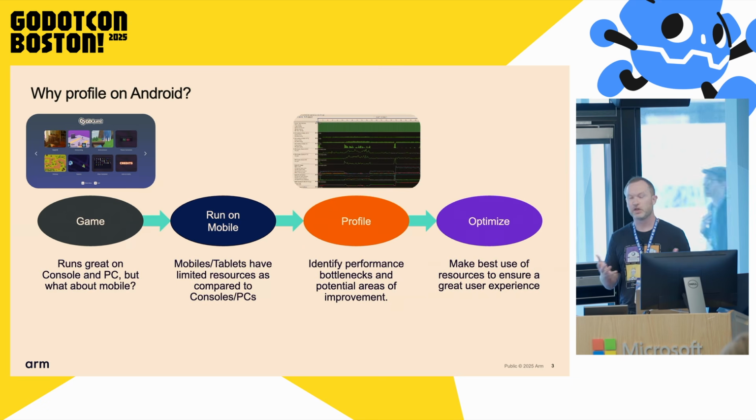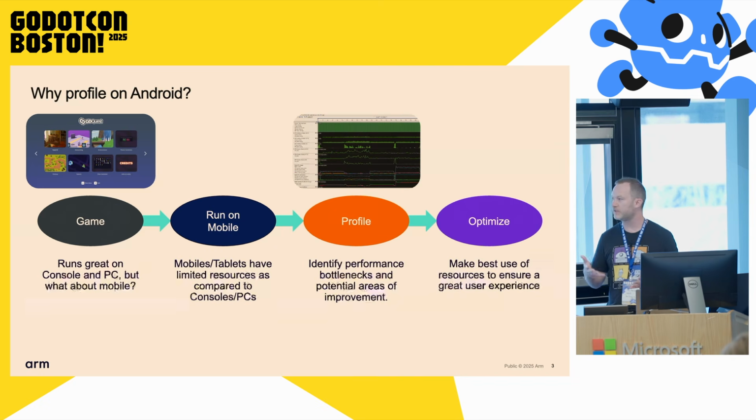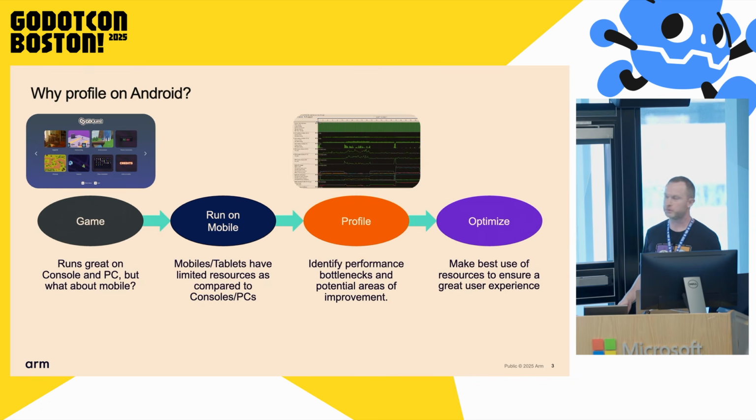So it's a challenge. Your game originally might have been running at the frame rate you wanted, maybe 30, 60 frames per second. You try it on mobile, suddenly it's different. The other aspect is usually your PC or your console might be x86 based. Mobiles and tablets, I think pretty much 99.9% are all ARM-based CPUs. And ARM also make GPUs as well, but depending on the device, the GPU might not be made by ARM.